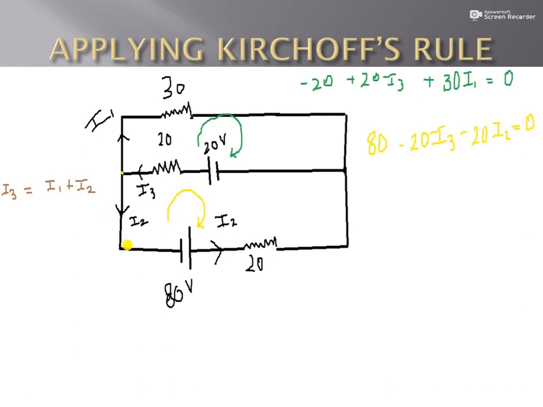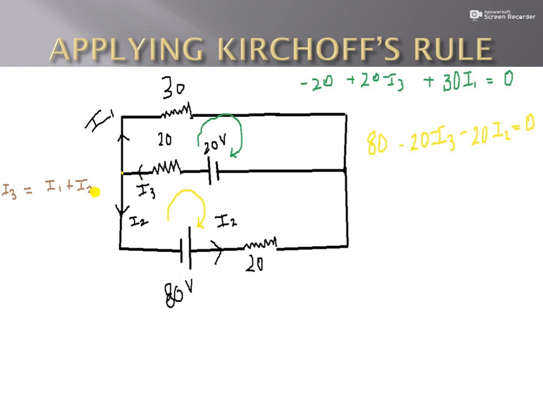Here is a junction, and according to the junction rule, the amount of current entering the junction is equal to the amount of current leaving the junction. I3 is entering the junction and I1 and I2 are leaving. So I3 is equal to I1 plus I2. This is how you apply the junction rule.